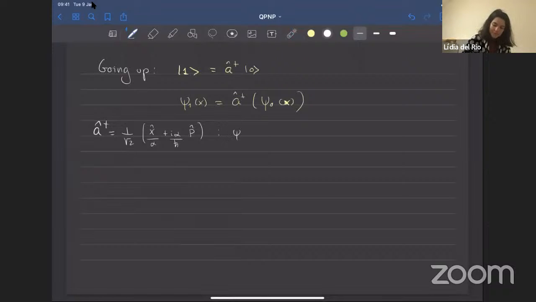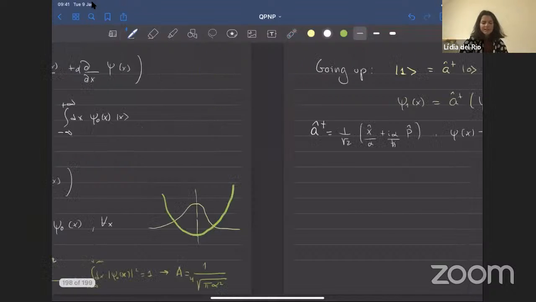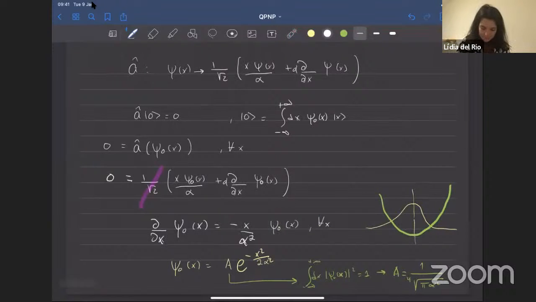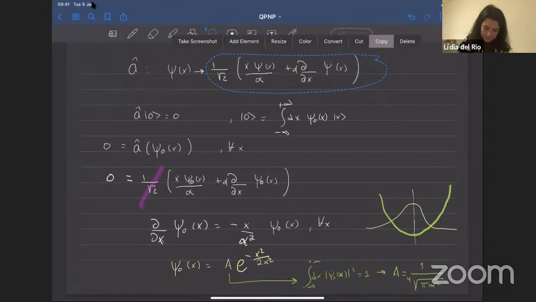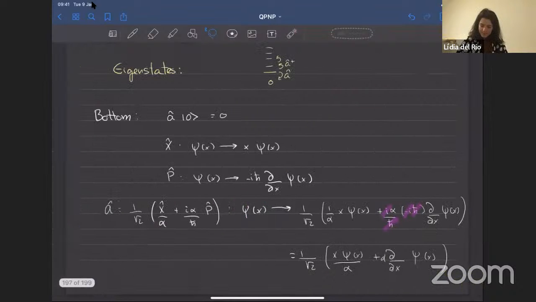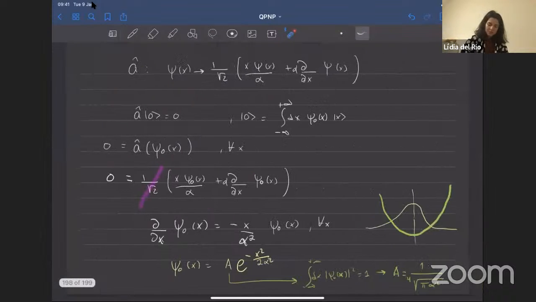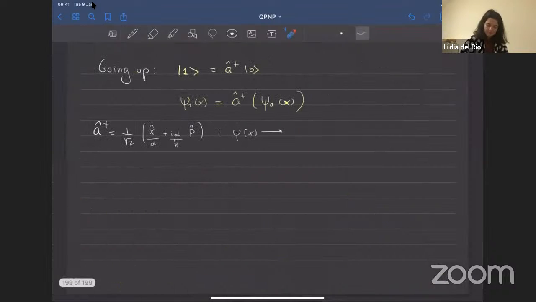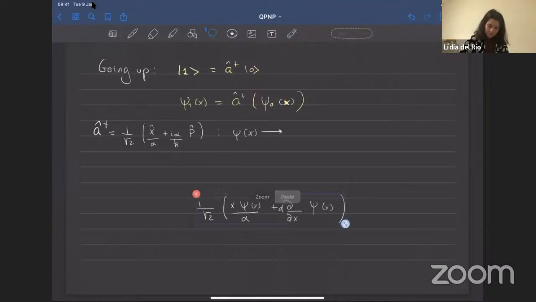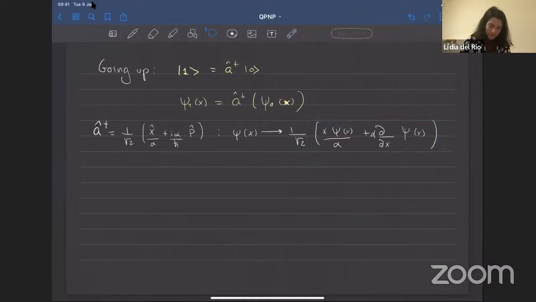So this means it maps psi of x to exactly the same as A, except with a change of sign, because here you're going to have a minus sign, so you end up with a minus sign there. Did I copy it right? Yeah.